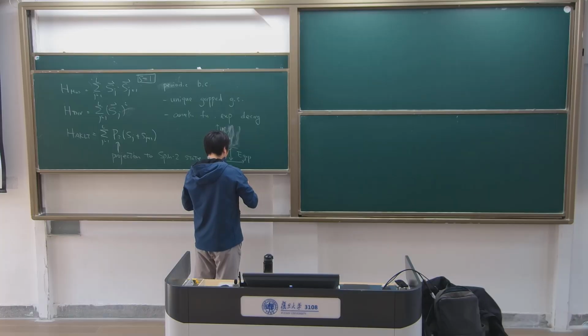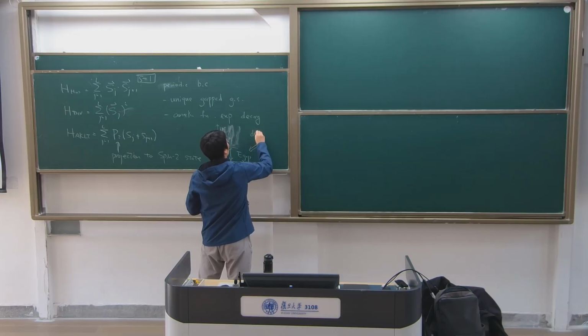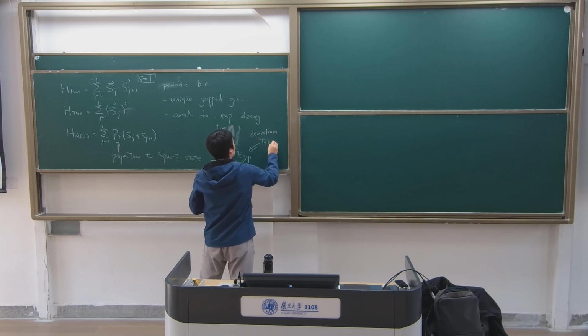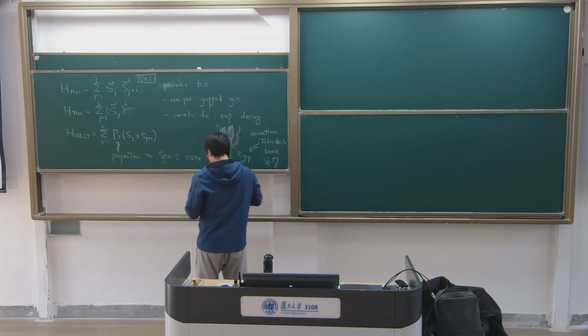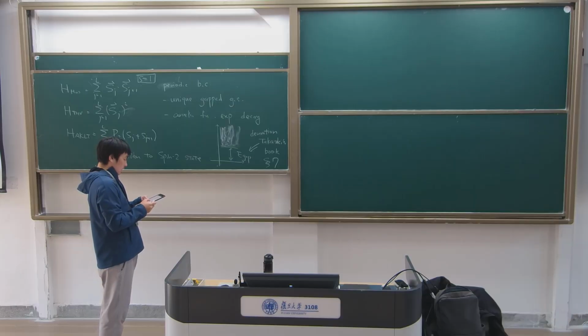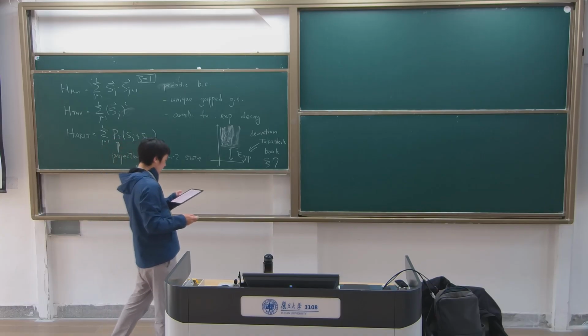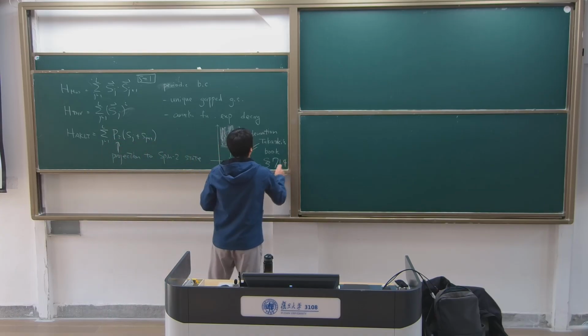So if you're interested in showing this gap, the derivation is in Kennedy-Tasaki, in section 7. I wrote the exact section, but he showed explicitly that there is an existence of a gap, 7.1.